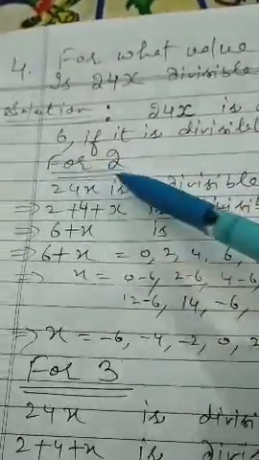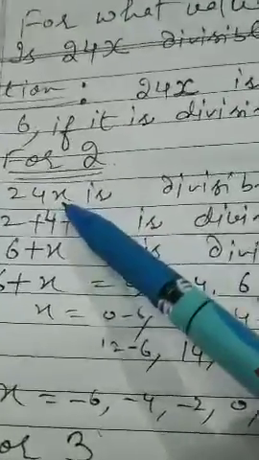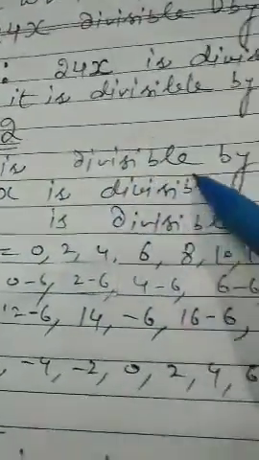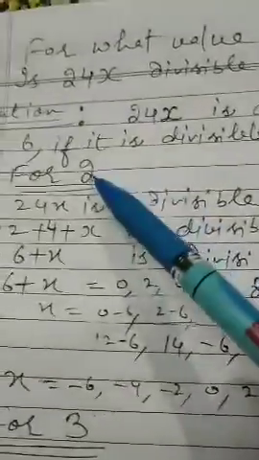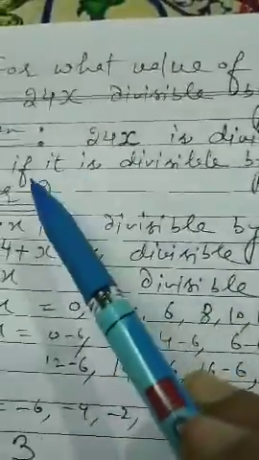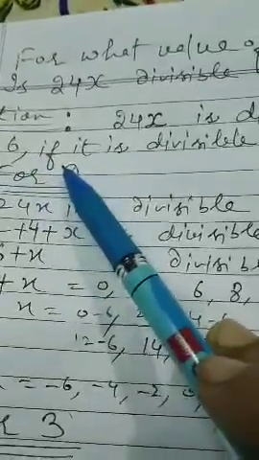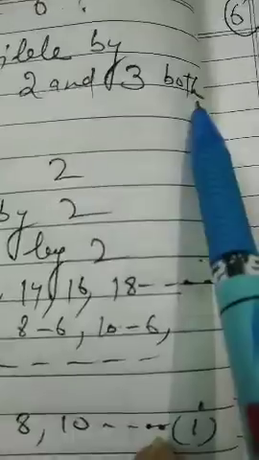Now first, divisibility by 2. Write the number 24x is divisible by 2. Before starting divisibility by 2, you will explain the rule that 24x is divisible by 6 if it is divisible by 2 and 3 both.